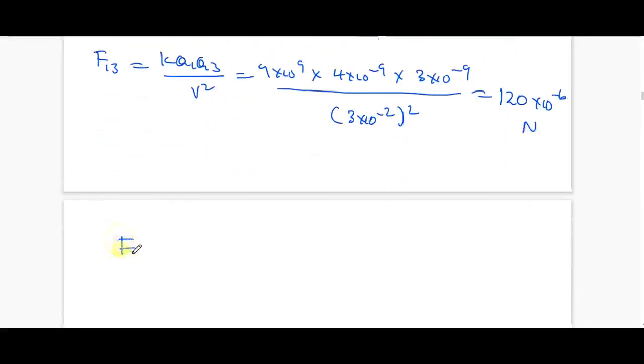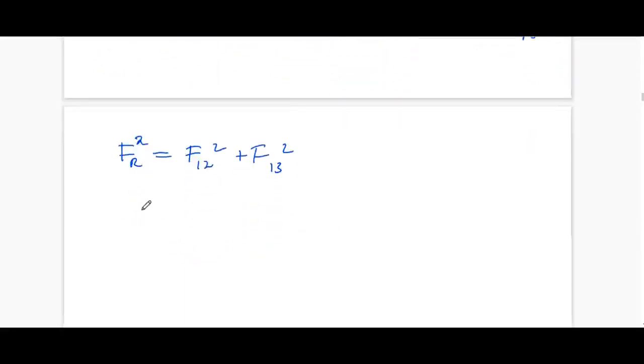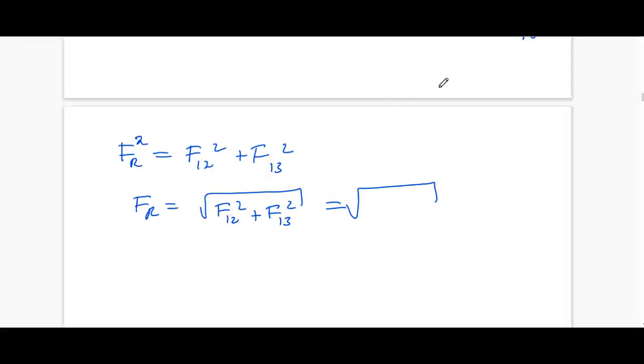Okay, so now FR, which is my resultant. Because of that triangle, by Pythagoras, FR squared equals F12 squared plus F13 squared. So FR is equal to the square root of F12 squared plus F13 squared. Now, how much is F12?